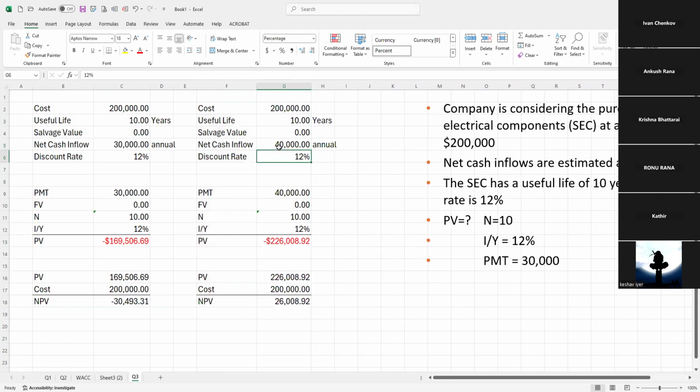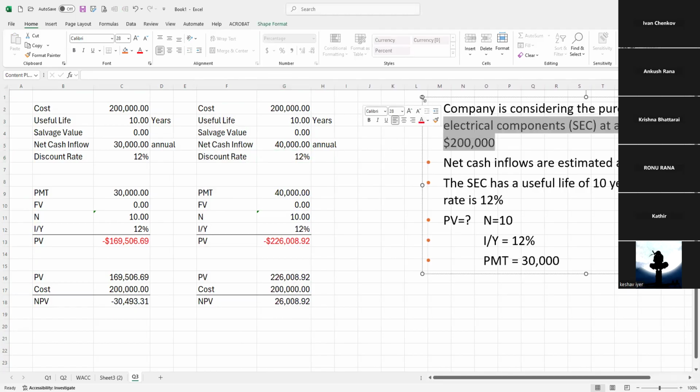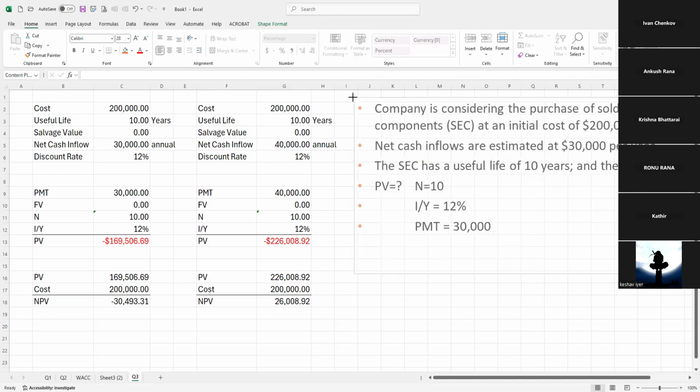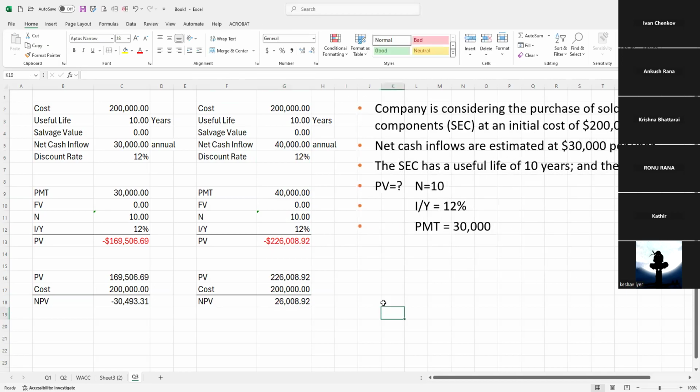What's going to happen now? Are we accepting the project or rejecting it? Accepting the project. Why? Because now the net present value becomes positive. That means we're going to get the 12%. Definitely we're going to get the 12% return.